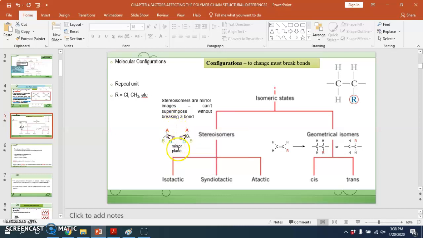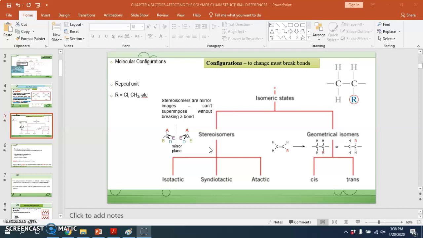The line here is the mirror plane, so the two are mirror images of one another. One of the two possible compounds shown here is an example of stereoisomerism in a small molecule.